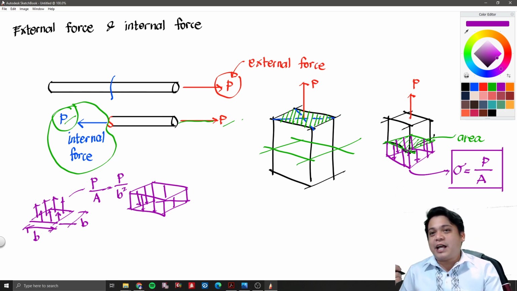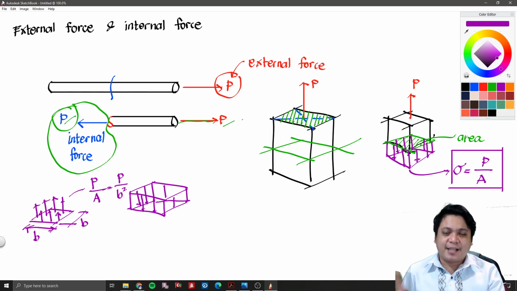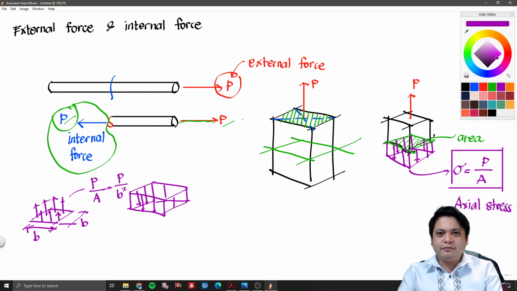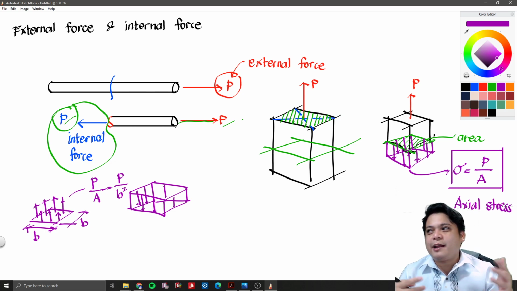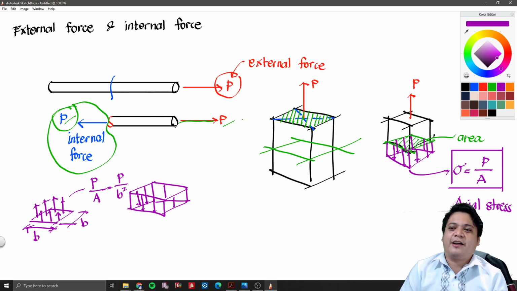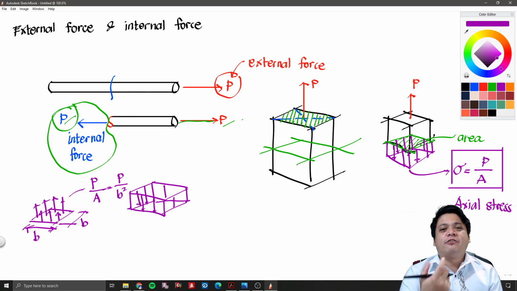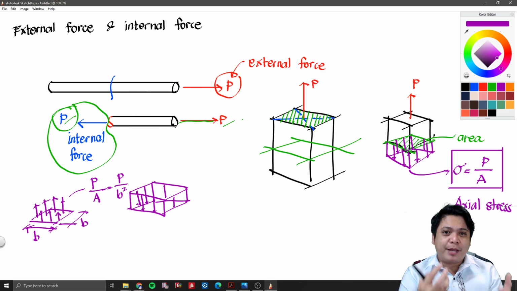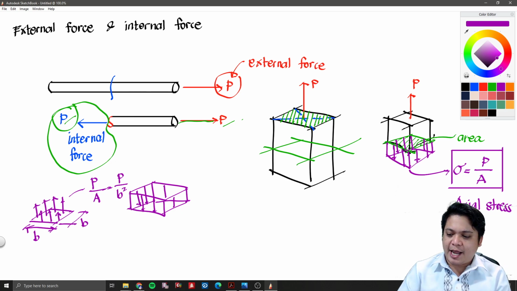Ang tawag natin dito is axial stress. Later on, makaka-encounter tayo ng different stresses. So, for now, ang tawag natin is axial stress. Yung axial stress, yun yung stress na napoproduce kapag yung force ay perpendicular doon sa area.